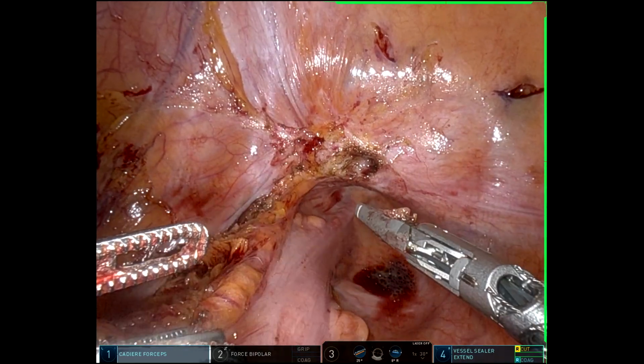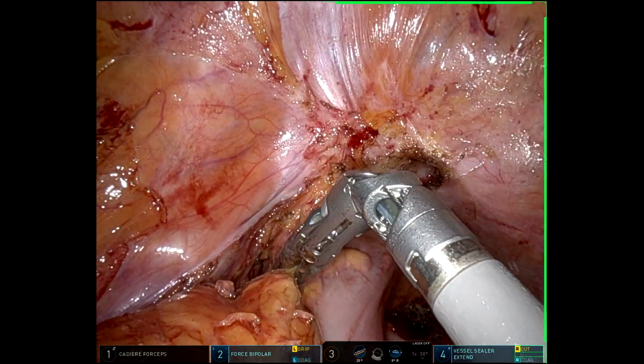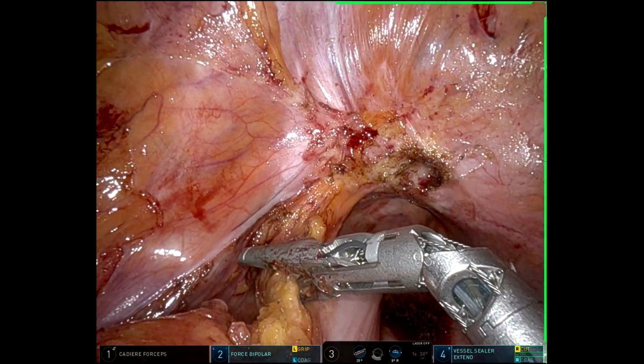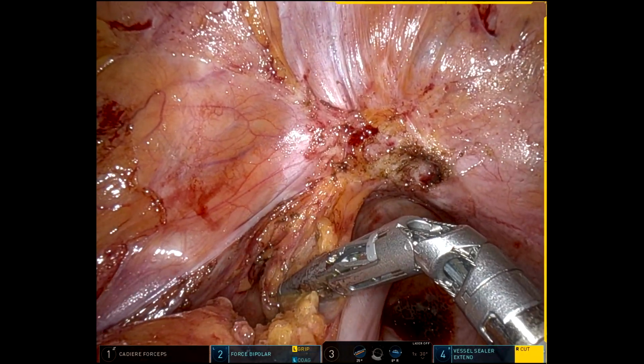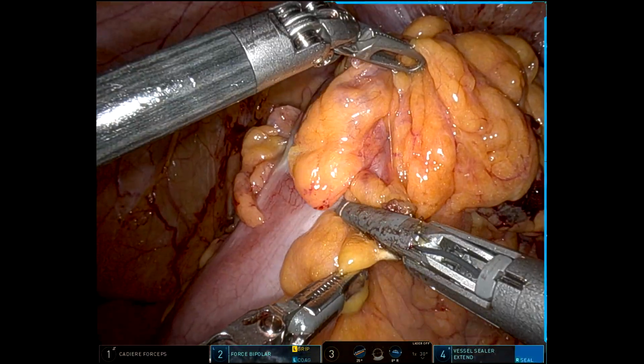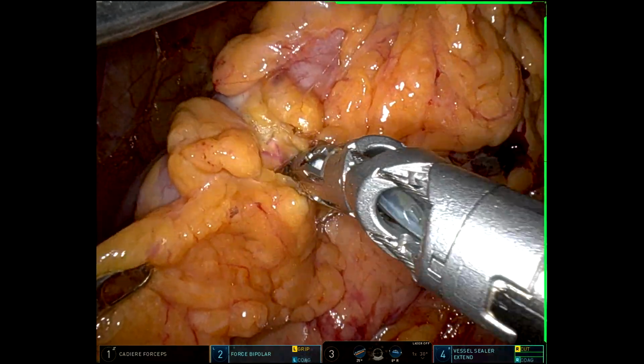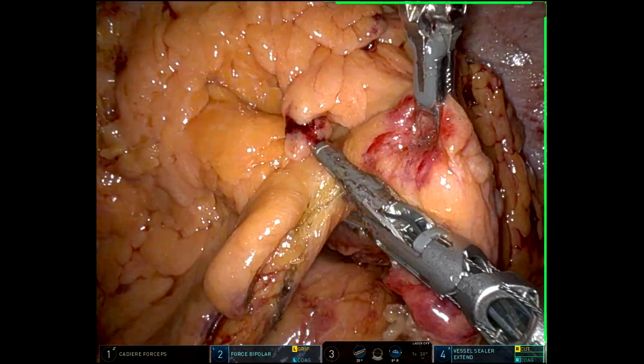I did go up to the splenic flexure with my mobilization here. It was not necessary to take the flexure completely down. He did have some weird adhesions up there that were kind of confusing, but it didn't change any tension by having not taken it down, so I left it.